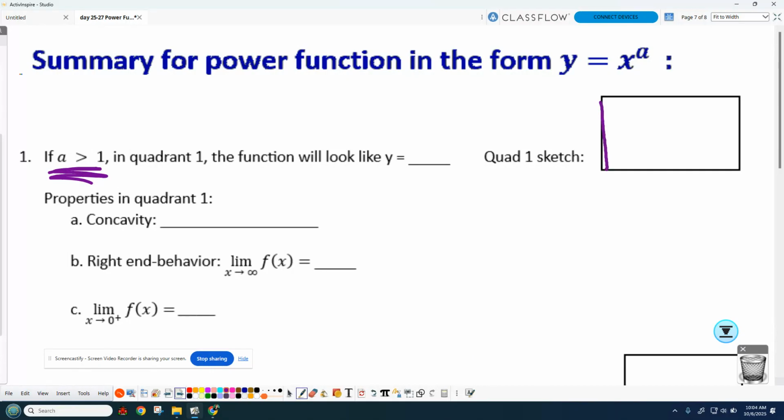So this quadrant 1 sketch, if it's bigger than 1, it's going to look like that. And the other side, it depends on if it's a positive or negative. It might be a tail going up or a tail going down, or it might have no tail at all. But in that corner, it's going to look like that.